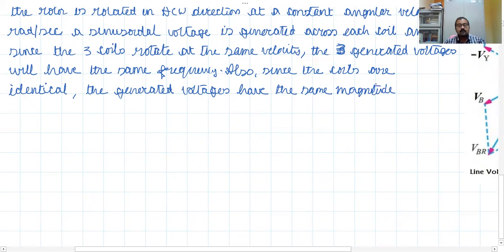The coils are rotating with the same speed, so they all have the same frequency, and because the coils are identical, the voltages will have the same magnitude.